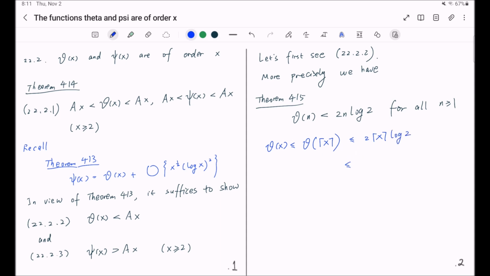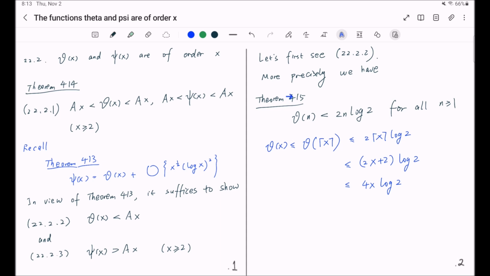And now, by the property of the ceiling function, this is less than 2x plus 2 log of 2, which is less than or equal to 4x log of 2. And this part is true whenever x is bigger or equal to 1. We're not trying to find the most optimal choice for a. So now you see, in order to establish this, it suffices for us to consider the discrete variable case.